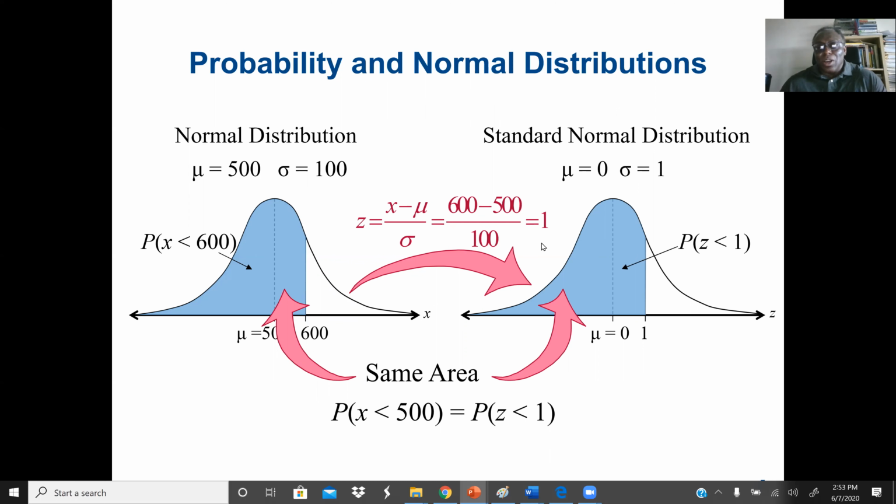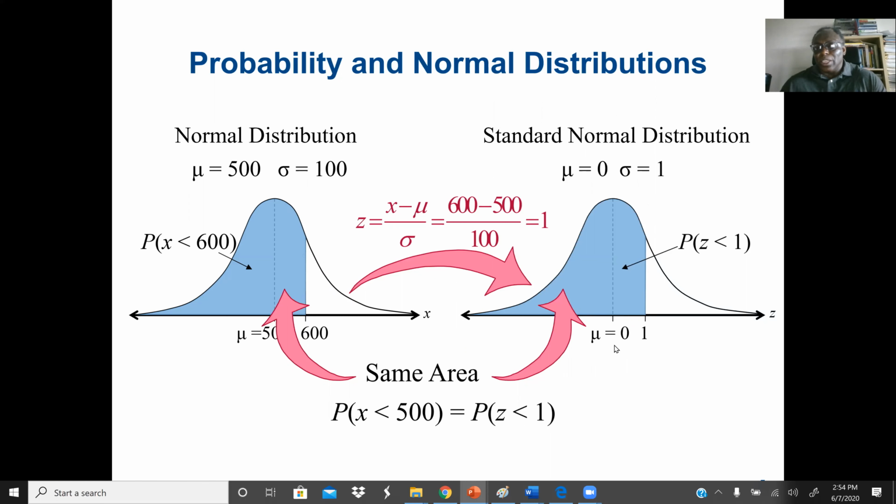Now, when we get the z value of 1, we go to the standard normal table, or the z-score table, and find the probability based on the z-score. This is how we transform our normally distributed data. Right now we have the mean to be 0, a standard normal distribution, and our value is 1 because the z-score is 1.